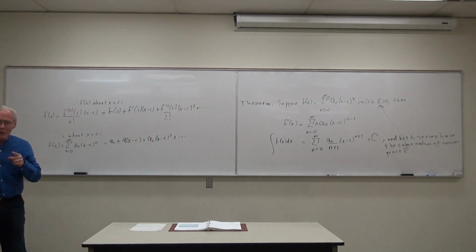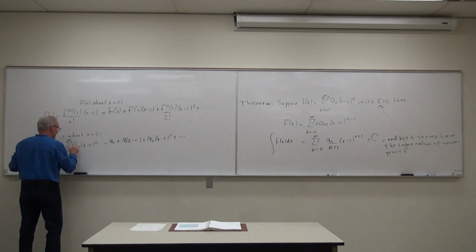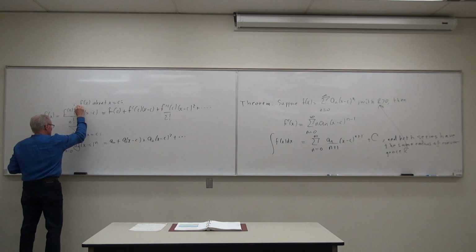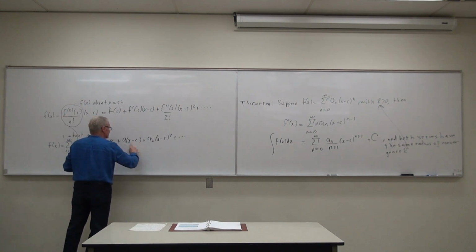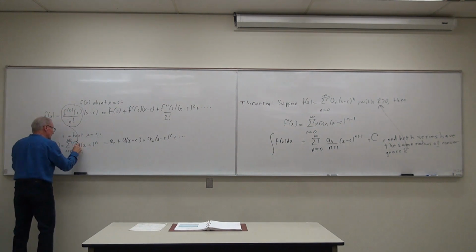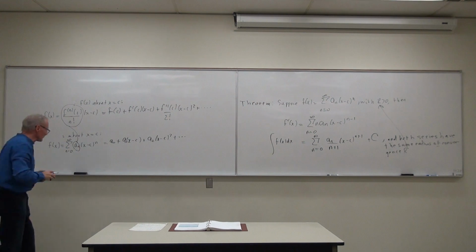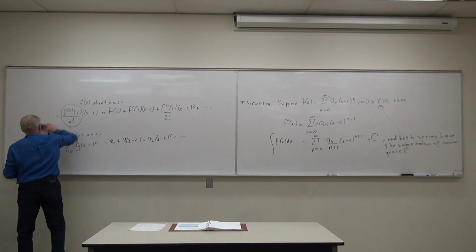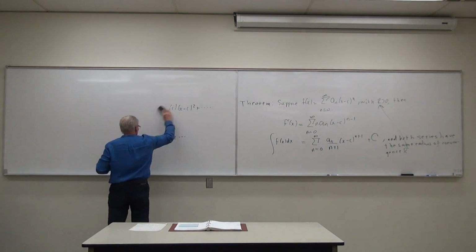So do you agree that what I have to prove is that these are equal to those? If I want to prove that this is the Taylor series of that, I have to prove that these are equal to those. That's what I would have to prove. Right? So let's state that as a theorem, and then let's try and prove it.